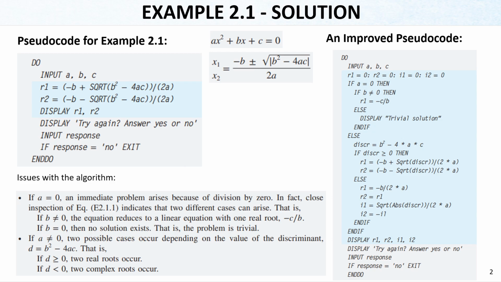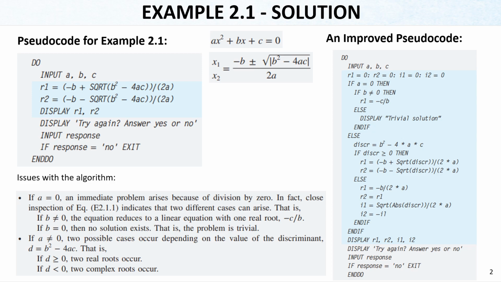So this is the simplified version, and there are two issues with this. First of all, if a equals 0, because it is a denominator, if it is 0, there is a division by 0, which means it's a problem. Close inspection of this equation indicates that two different cases can arise.